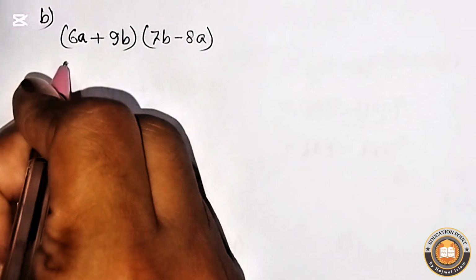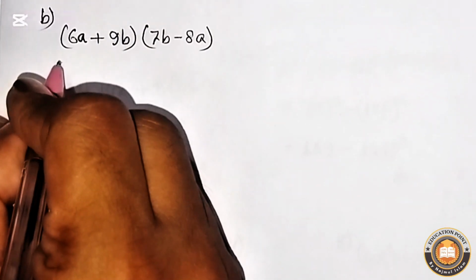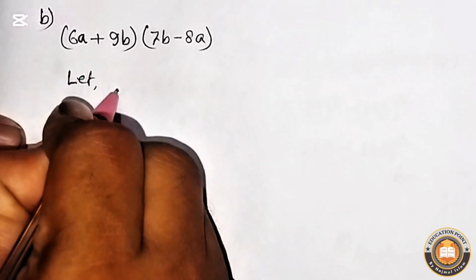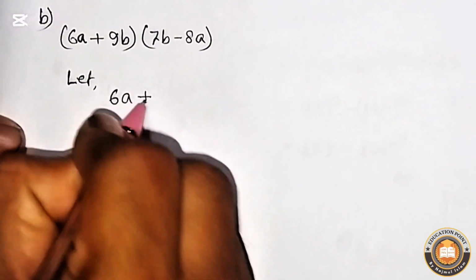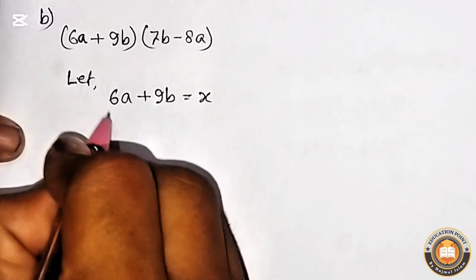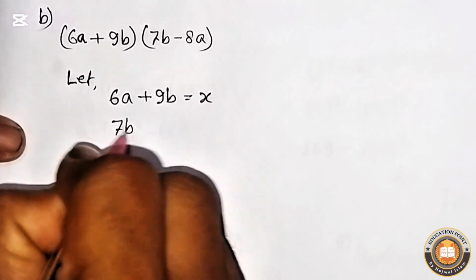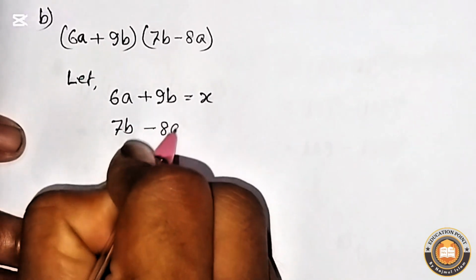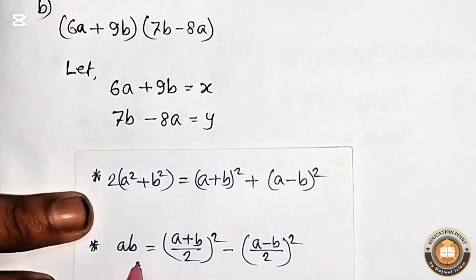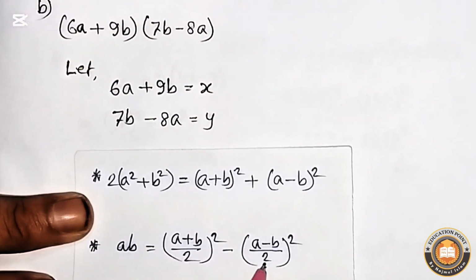Number B, (6a plus 9b) into (7b minus 8a). Let 6a plus 9b equal x and 7b minus 8a equal y. Here we will apply the formula of ab: ab equal (a plus b by 2) whole square minus (a minus b by 2) whole square.